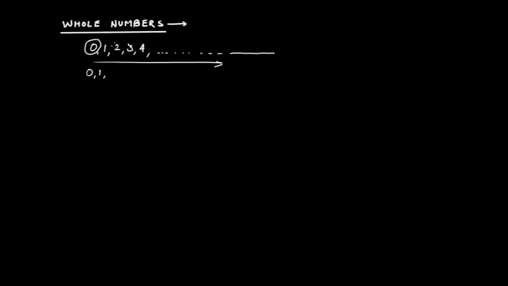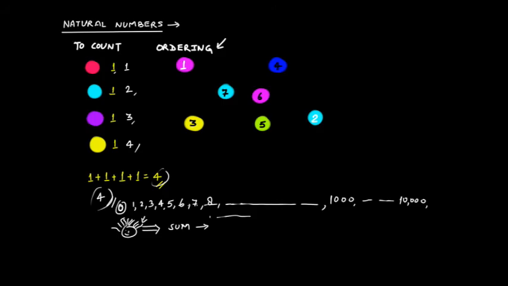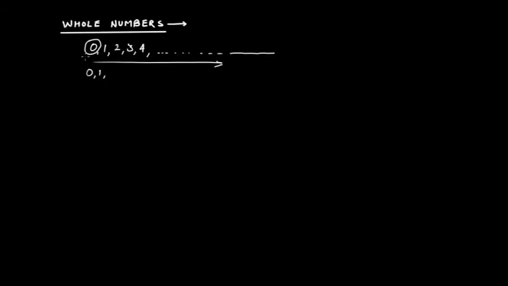So what's the difference between the natural numbers and the whole numbers? Natural numbers are used for counting and ordering, and therefore we started from 1. But if we start our numbers from 0 and move on 1, 2, 3, 4 and so on, that would be whole numbers. So that's a basic difference between natural numbers and whole numbers.